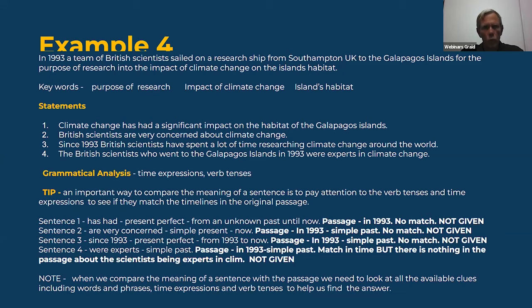However, when we look at the passage, there is nothing in the passage that states the scientists were experts in climate change. Most probably they were. However, it doesn't say so in the passage. So once again, the answer is not given. It may be factually true, it may even be logically true, but in this case, it's simply not given.